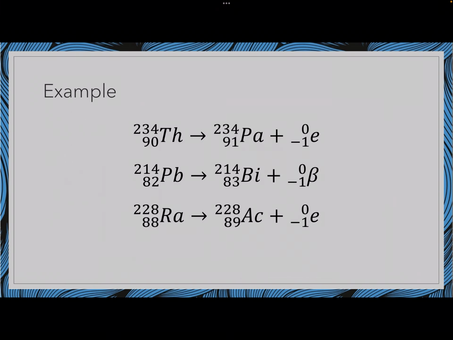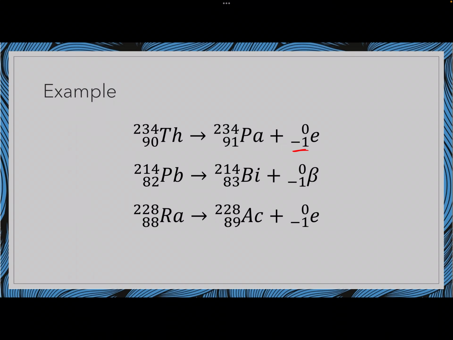Now, writing them as a reaction equation, because the atomic number goes up by 1, we write this -1 here on the electron. Electrons don't technically have an atomic number of -1, but it's just for simplicity in these reaction equations.